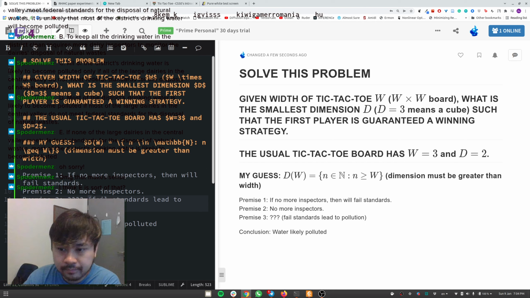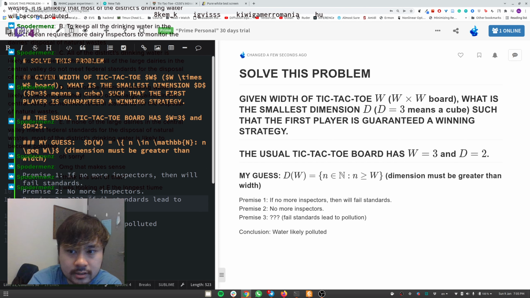There's a bit of subtlety: there's none of them pass, most of them pass, and all of them pass, and that's a bit different. Let's look at the question again.